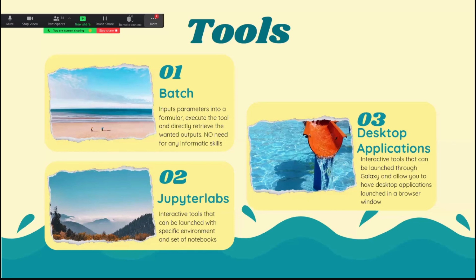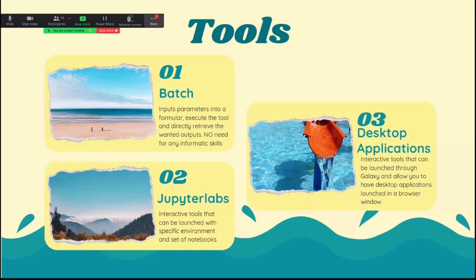And then you have the last kind of tool, which is desktop applications, which basically work like the Jupyter Lab. You can directly from Galaxy launch a desktop application, like QGIS, for instance, and then it will open in another web browser. And from there, you can do your analysis in the desktop application like you would have done it locally on your computer.